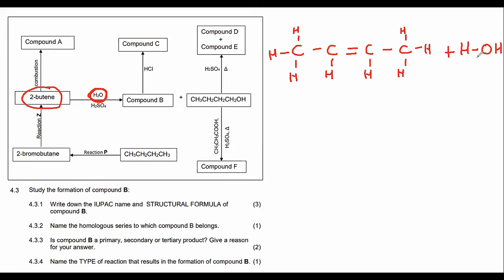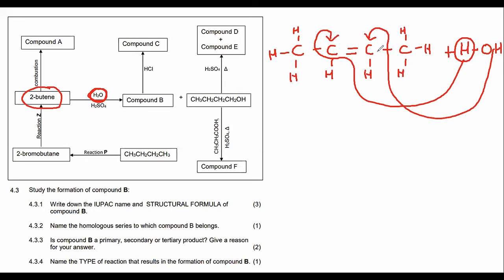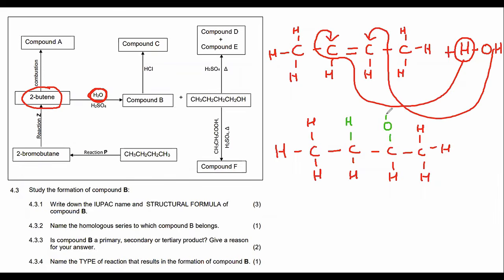And so what happens is that one of the hydrogens is going to go attach over there, and then the OH is just going to go and attach on the other side. And so your final product would look something like this. And then I'm going to show you in a different color, H and OH. Like that. Okay, so that is what we formed as compound B.